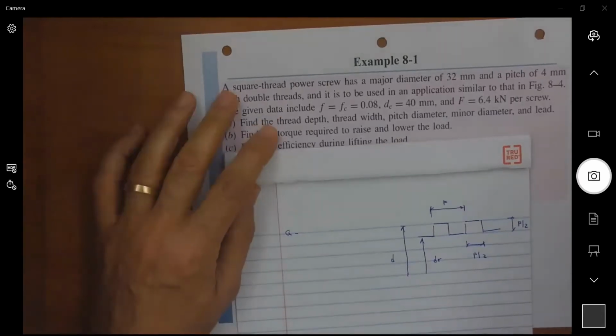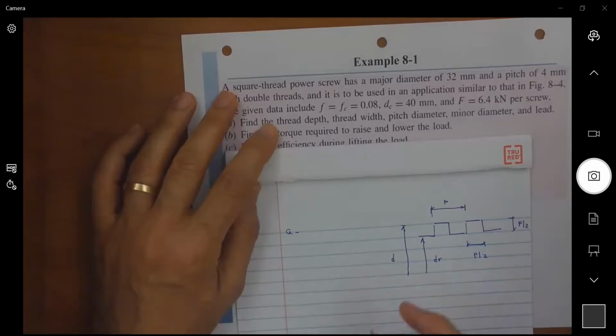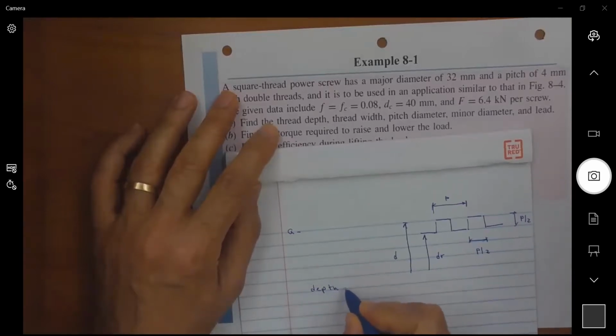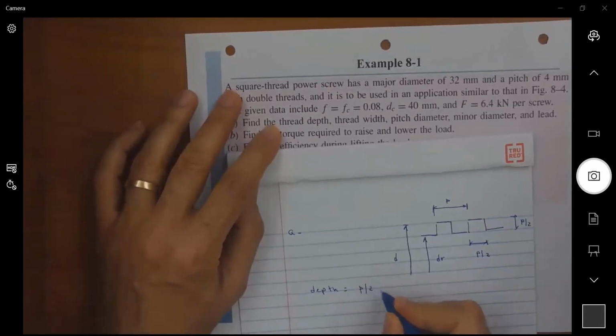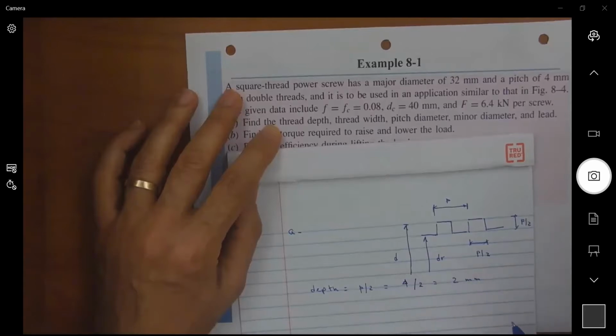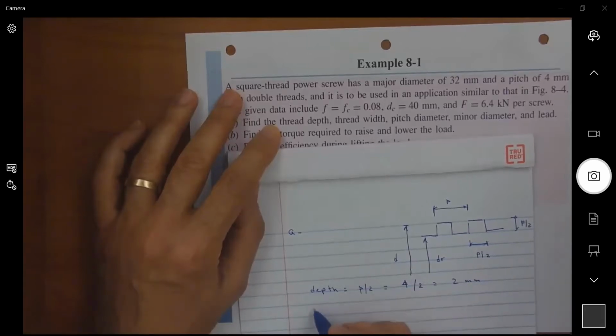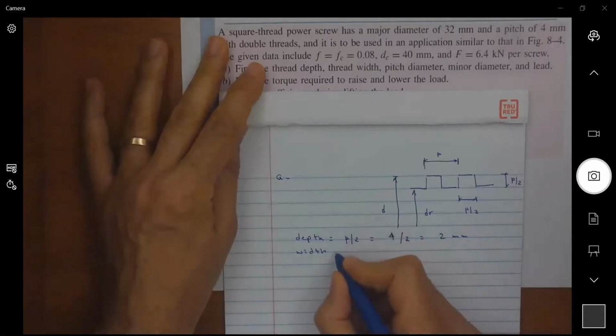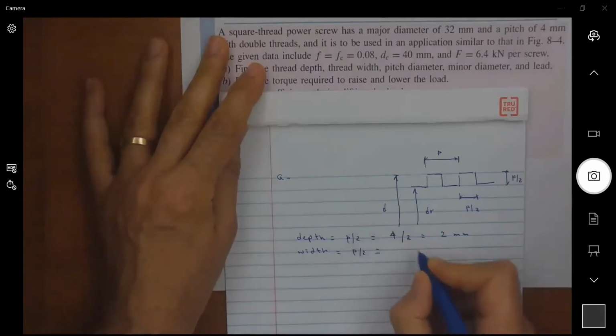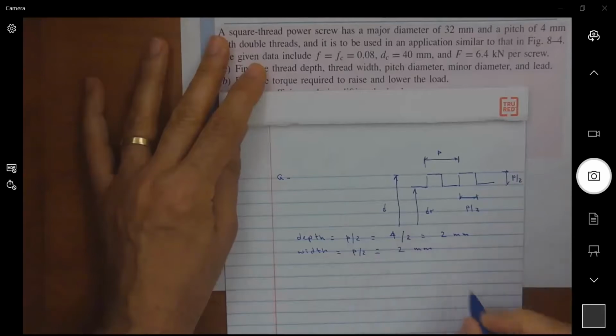So the first thing we're looking at, the thread depth. So the depth is equal to p over 2, which is 4 divided by 2, which is 2 millimeter. The width is also p over 2, which is equal to 2 millimeters.